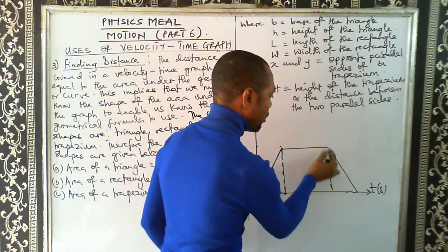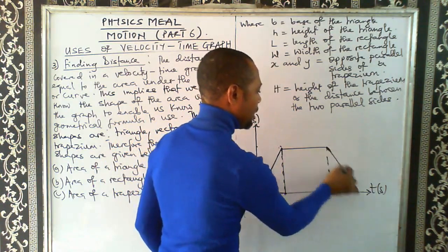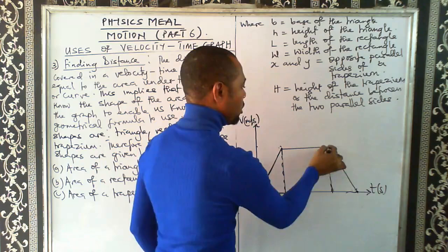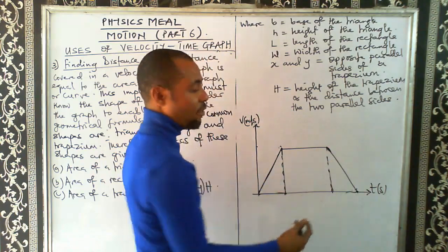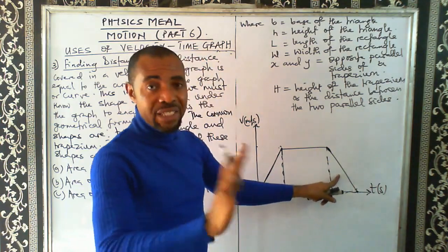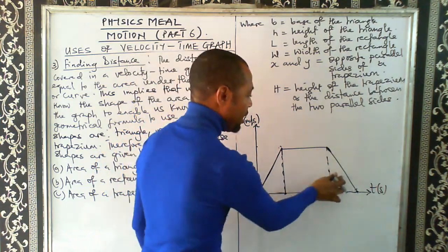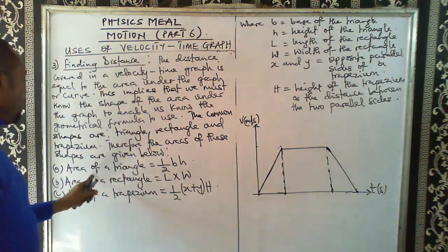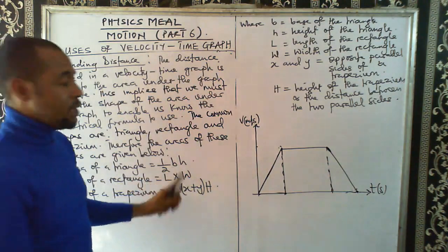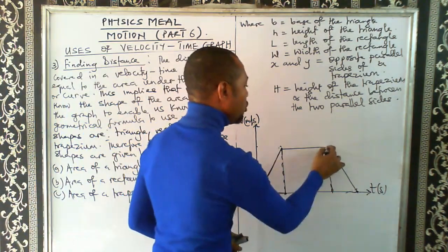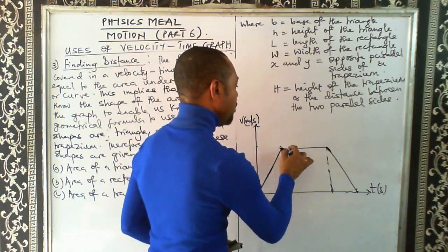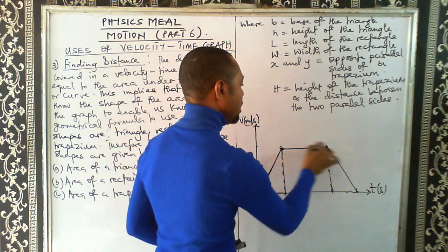The same thing, distance covered during deceleration. Look at deceleration. It started here, and that's the end. So deceleration is also a triangle. If I'm looking for the distance covered during deceleration alone, I will be finding the area of a triangle. That's the formula I will still be using. But if they ask, what's the distance covered during uniform velocity? That's the beginning and that's the end.